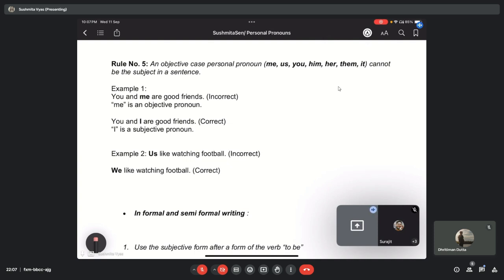Now rule number 5. Guys, is this too much for today or should I stop here? Is it getting overloaded today? Or should we just look at rule number 5 and then wind up this session? Okay, no responses, so I will look at rule number 5 in the next class. Enough for today, I think.